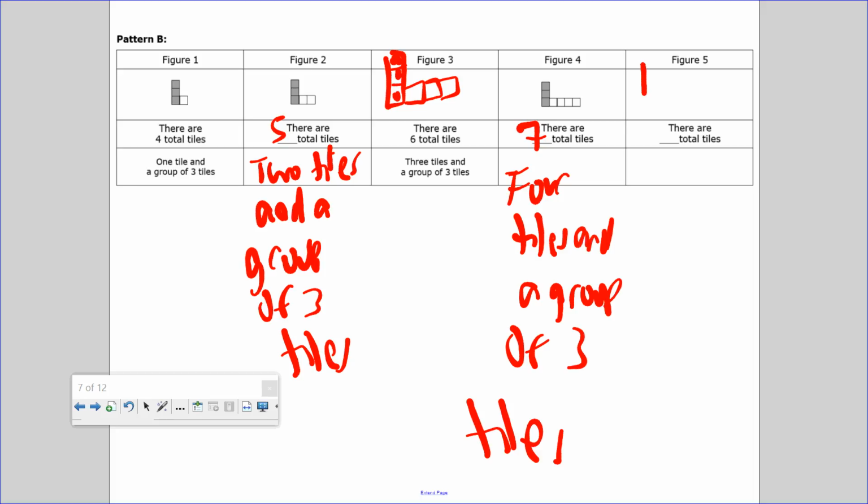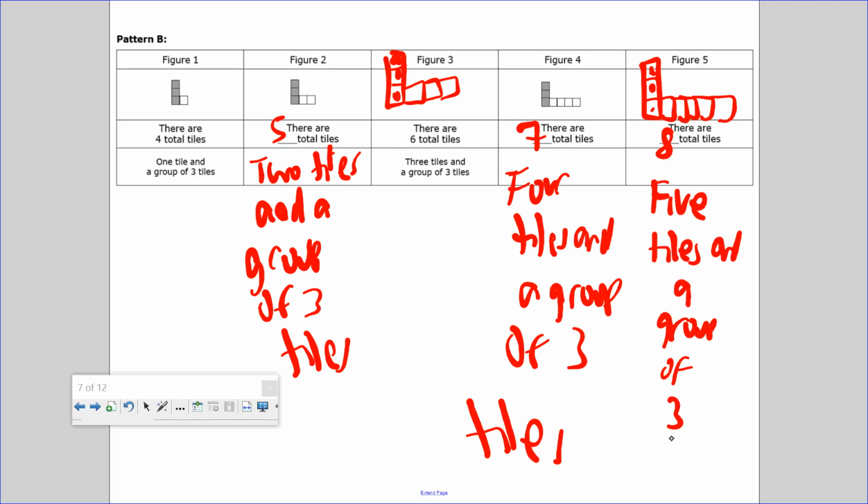And figure 5, we start with a group of 3 tiles shaded. 1, 2, 3, 4, 5. So that's 8. There are 5 tiles and a group of 3 tiles.